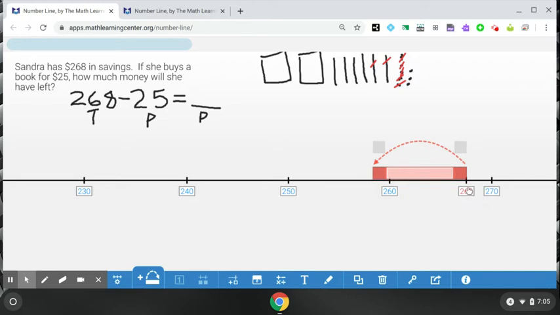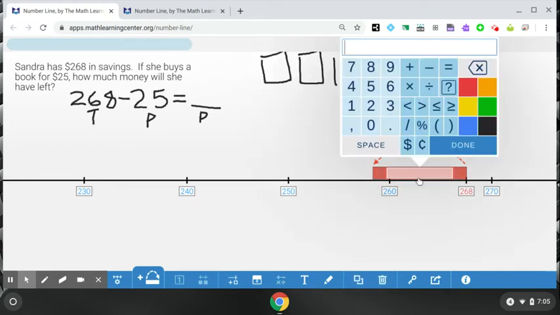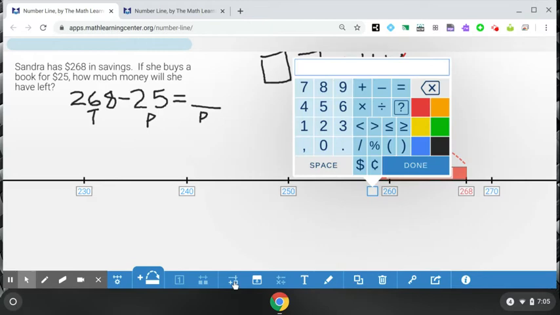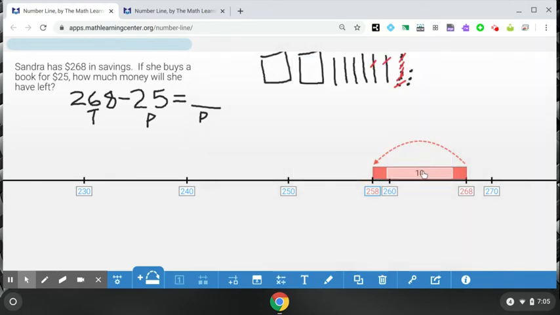We're looking at the tens place and we're going 10 less. So 268 minus 10 is 258. Now, that was this 10 right here.